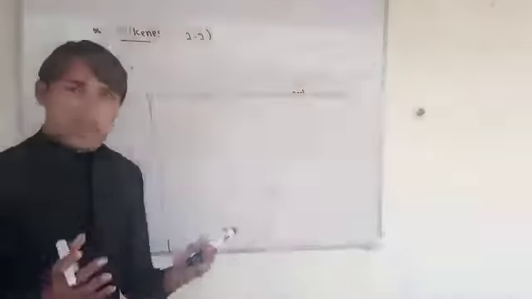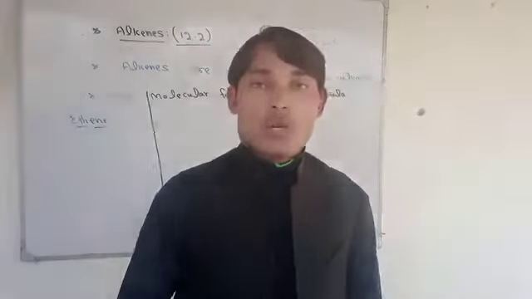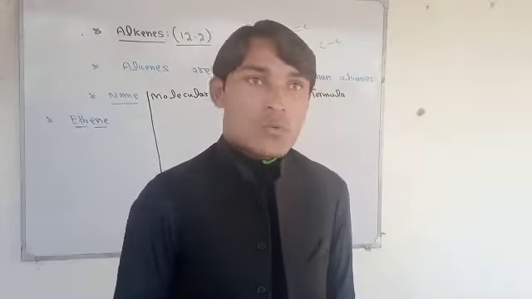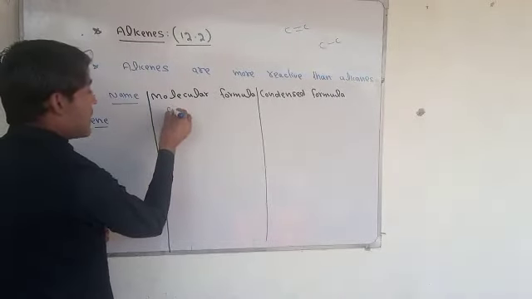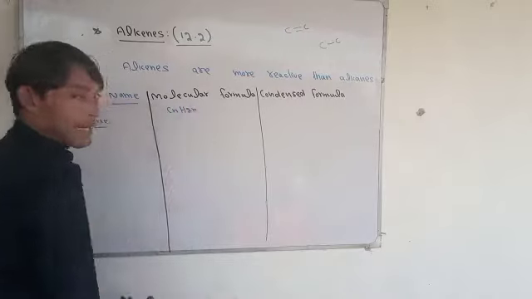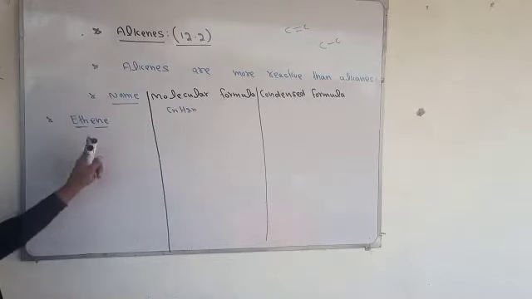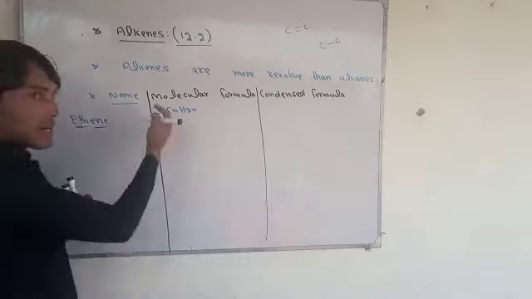Now, how do we construct the molecular formula? We can construct the molecular formula from the general formula. As we know, the general formula is CnH2n. Now the number of carbons here is 2, so let's write it: C2, and H2 times 2, and 2 twos are 4.